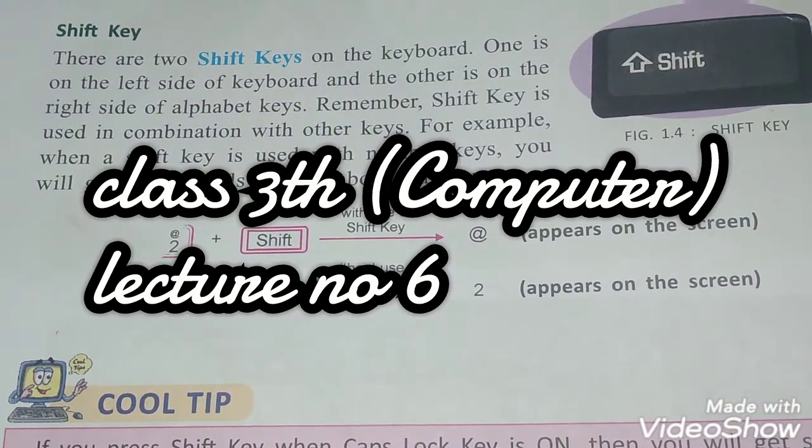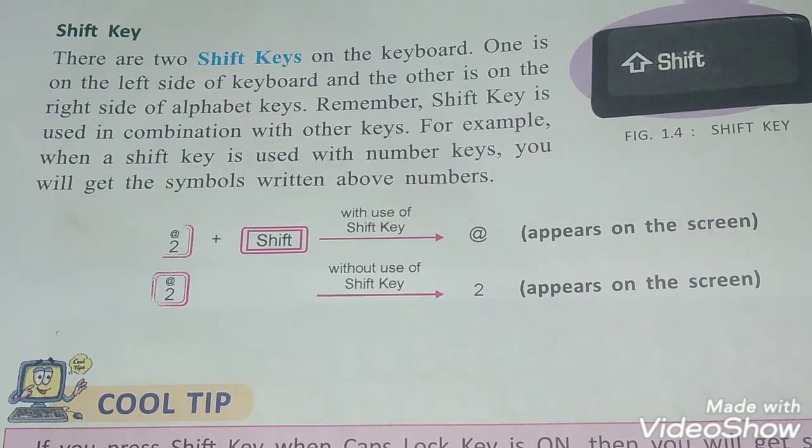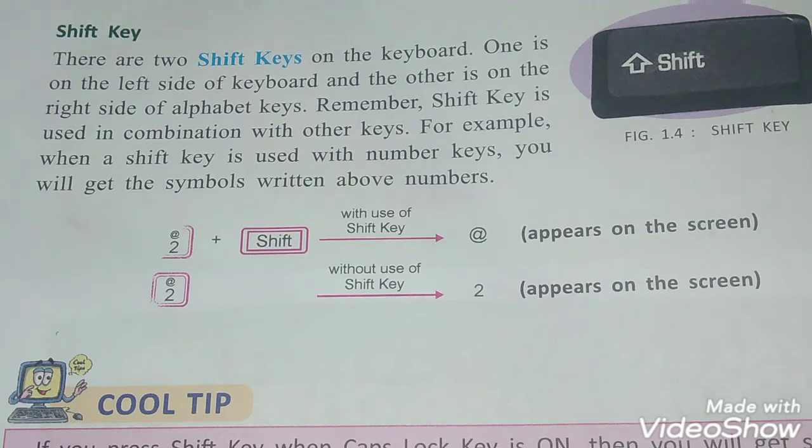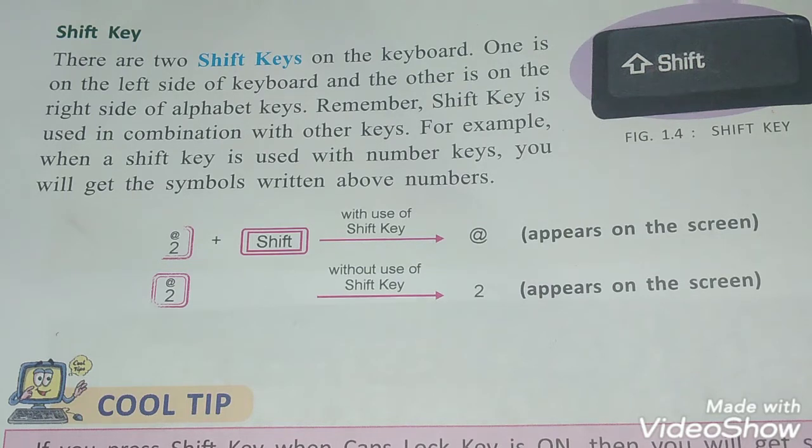Okay, dear students, now we will discuss the next key, the shift key. In this topic, we will try to understand what the use of the shift key is and why we use it. Basically, a keyboard consists of two shift keys.